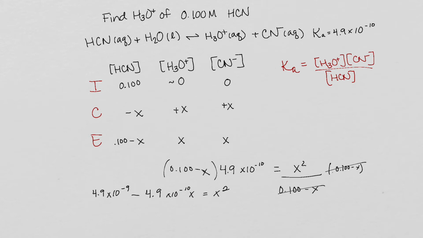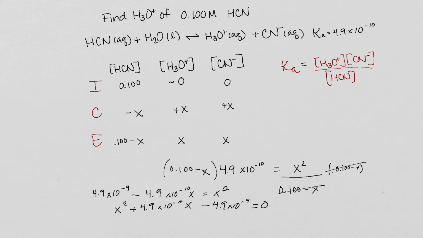So now I have this nice quadratic equation, x squared plus 4.9 times 10 to the minus 10th x minus 4.9 times 10 to the minus 9th equals 0.